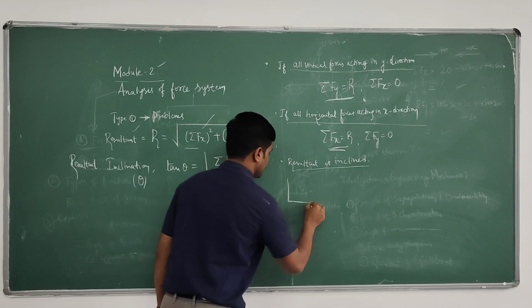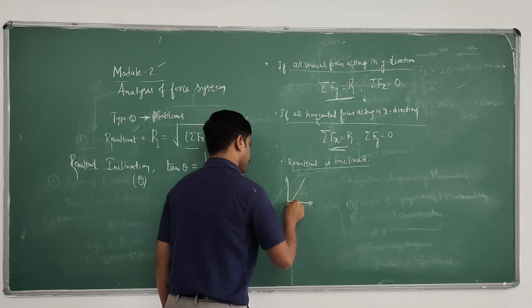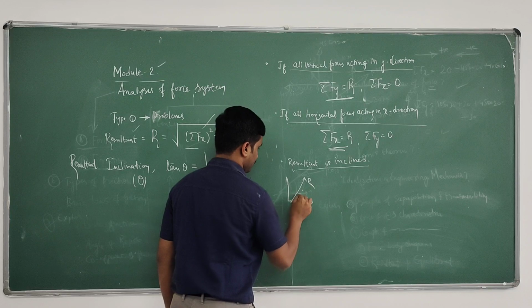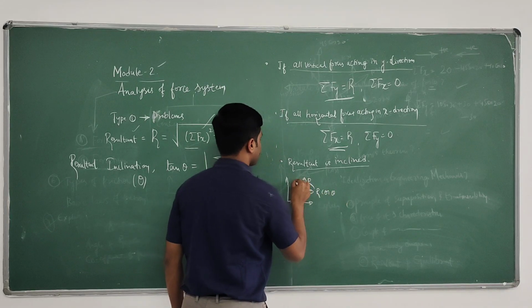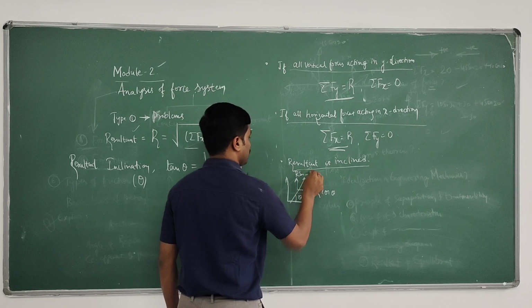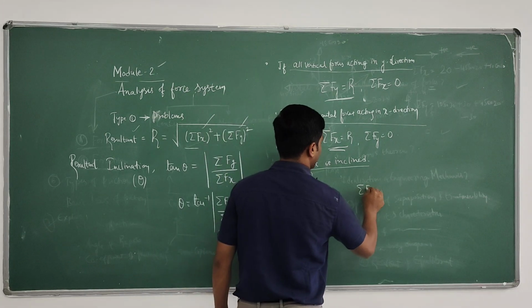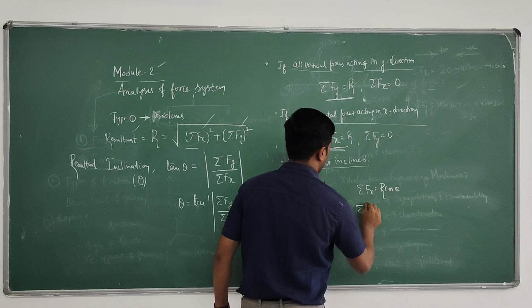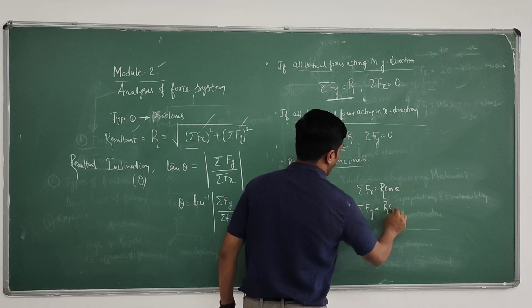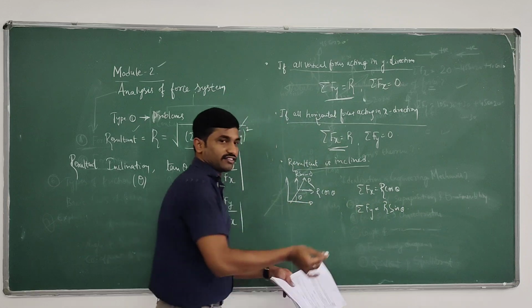And also in the third case, the resultant is inclined. Say for example, this R is the resultant. I am giving theta with respect to the x-axis. Then R cos theta, R sin theta. So here sigma Fx equals R cos theta and sigma Fy equals R sin theta. Maybe vice versa.